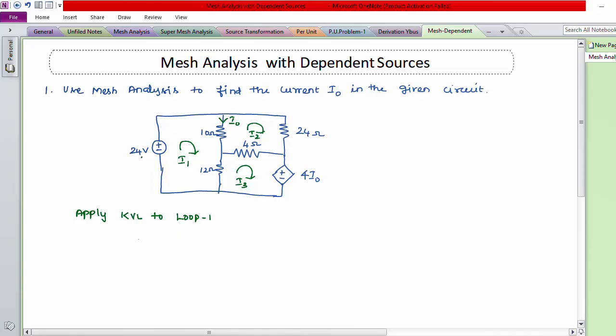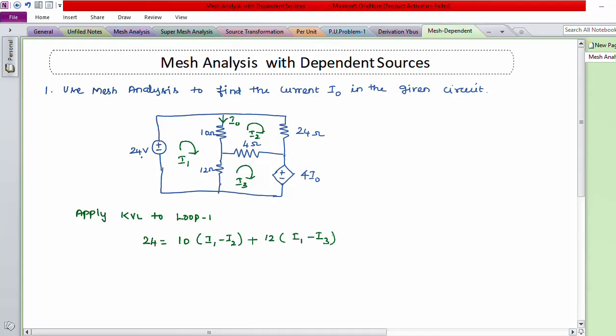So, that we are writing 24 equal to 10 into (I1 minus I2). In this case, the 10 ohm resistor is connected in common between loop 1 and loop 2. So that we are writing 10 into (I1 minus I2) plus 12 into (I1 minus I3). Similarly, the 12 ohm resistor is connected common between loop 1 and loop 3.